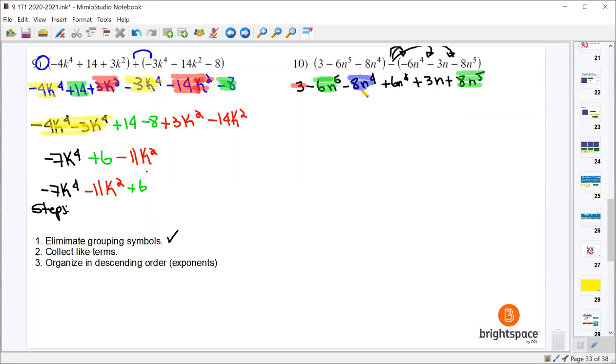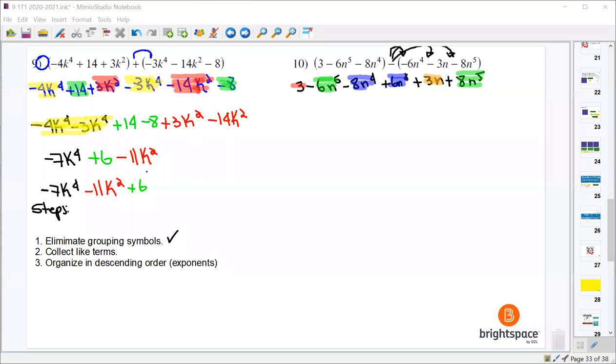To the 4th power and to the 4th power. And to the 1 power. 3n doesn't have an exponent, so it is equal to the power of 1. Very good, Mr. Angel. But look, the 3 doesn't have a variable. That's why I used a different color, right?